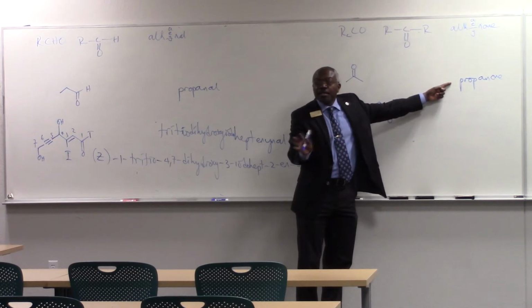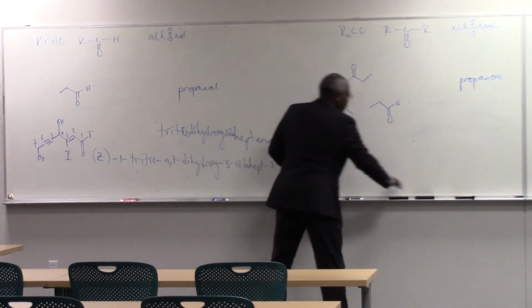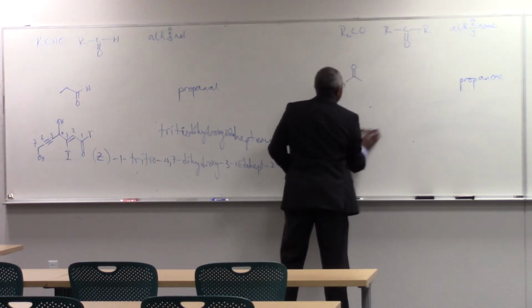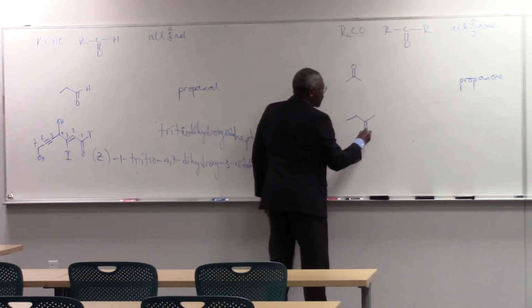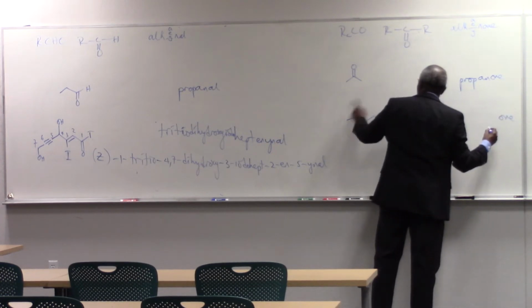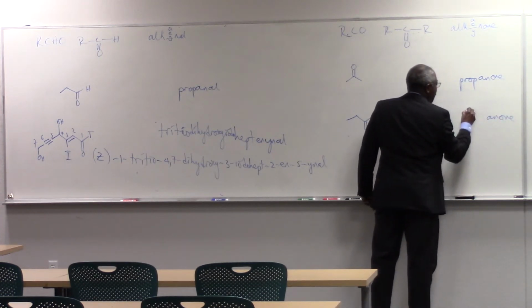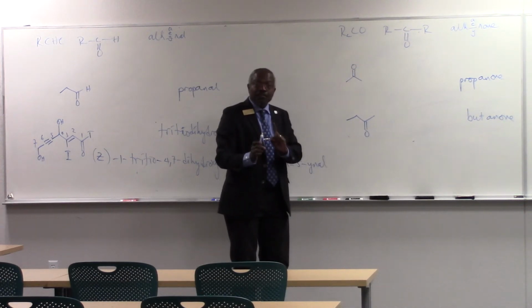The number is superfluous. What if I had that compound? What if I have this compound? What would I call that? Well, it's an -one, it's an -an-one, and it's got 4 carbons. So that's butanone.